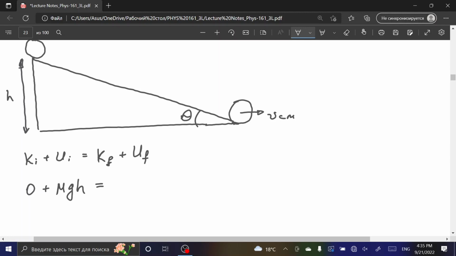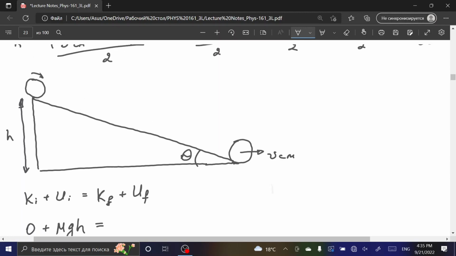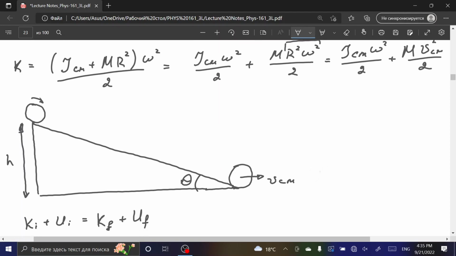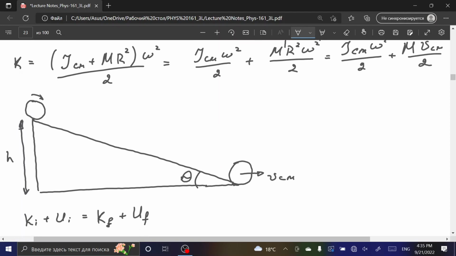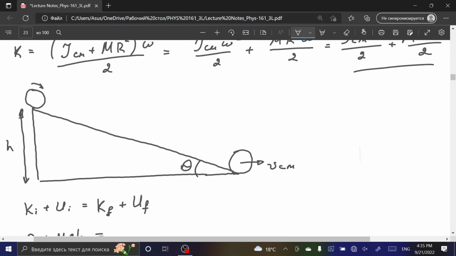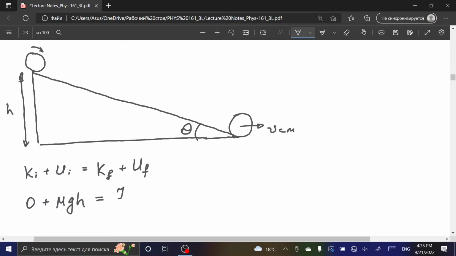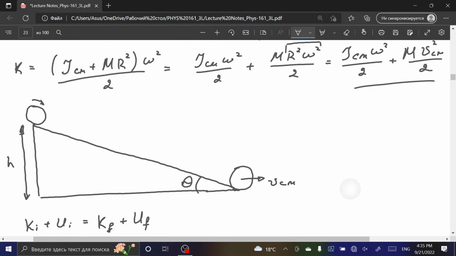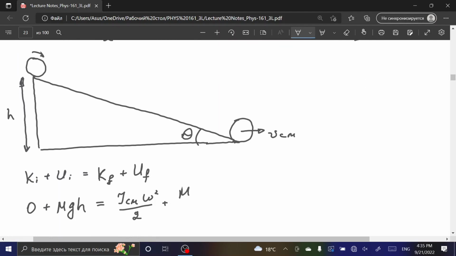Then we end up with kinetic energy. Kinetic energy we already expressed. It will be given by this equation: I center of mass times omega square divided by 2 plus m v center of mass square divided by 2.